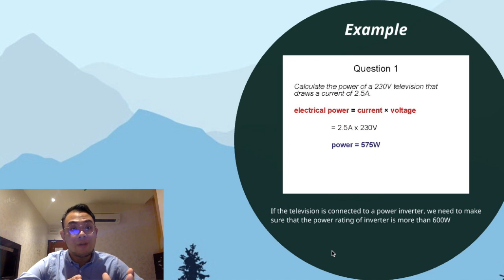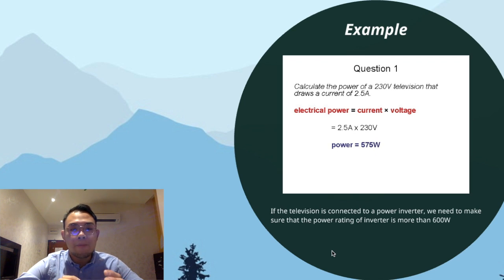The power is only 575, but why do we need an inverter power rating of more than 600 watt? First of all, we need to account for the loss in travel. That means you are connecting extension wires, a fuse, circuit breakers, or other things. There is internal circuitry that causes a lot of resistance, and that resistance consumes power.